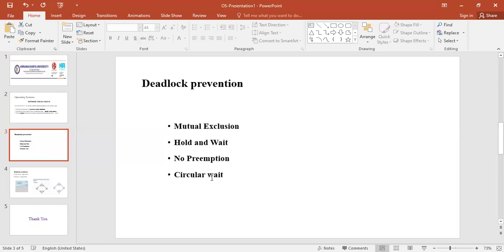This also looks like the hold and wait mechanism. Circular wait means the processes are arranged in a circle: the first process depends on the second process's resources, the second depends on the third process's resources, the third depends on the fourth one's resources, and the fourth one again depends on the first process's resources.